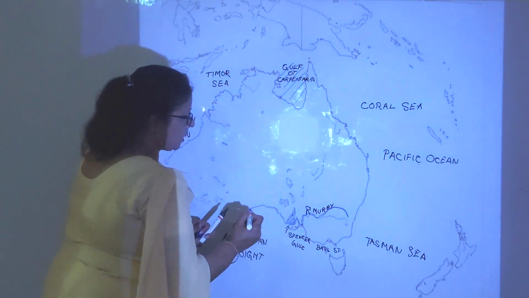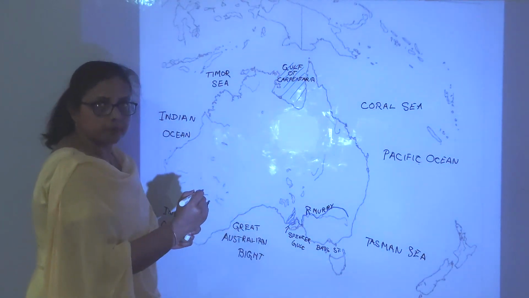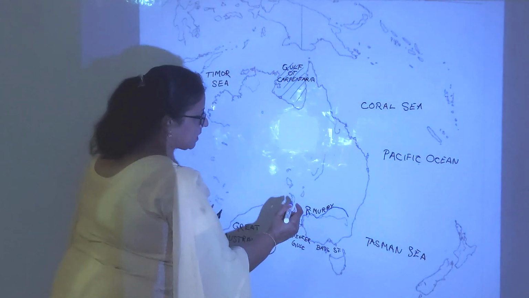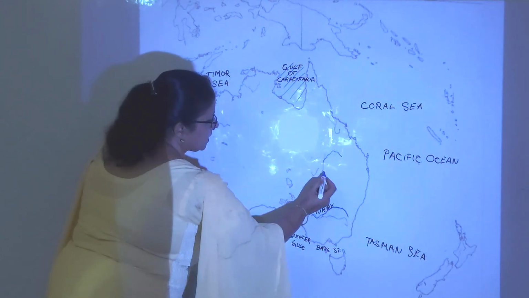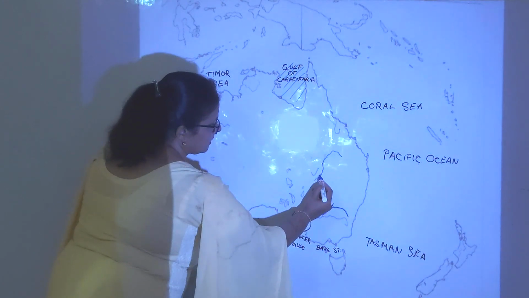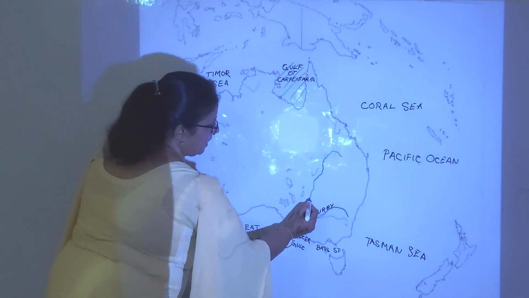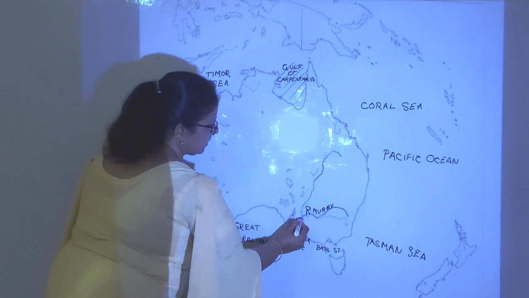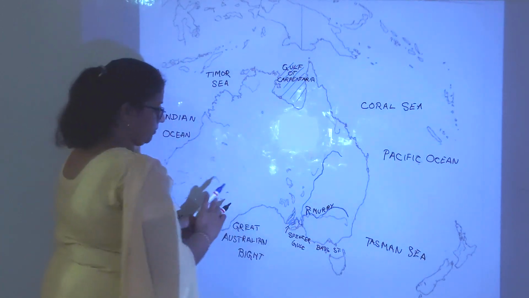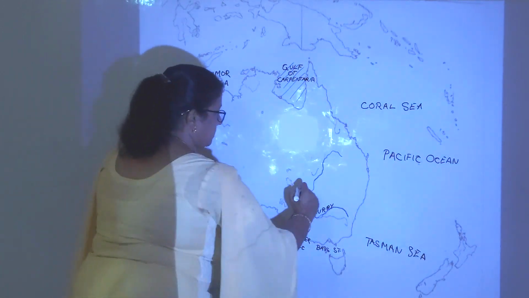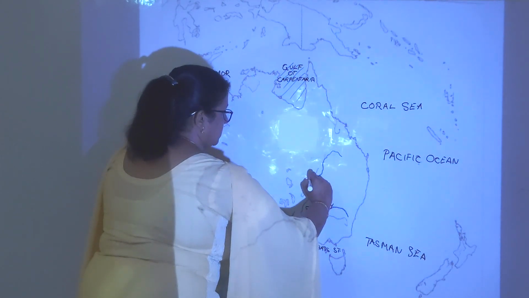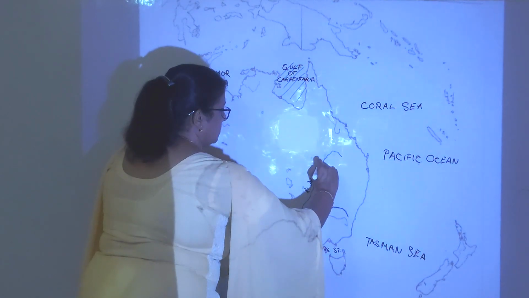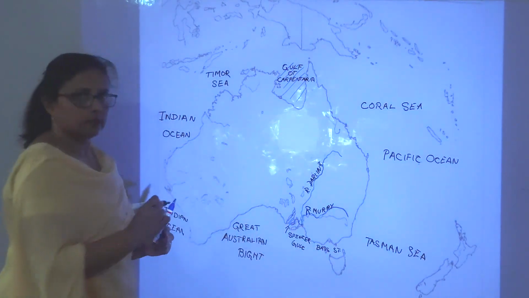Now Murray has got a very important tributary, that is the River Darling. It starts from the Eastern Highlands and joins the River Murray over here. So you can write the name after marking the river with blue.